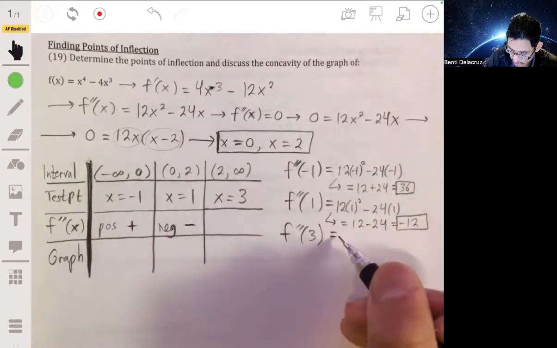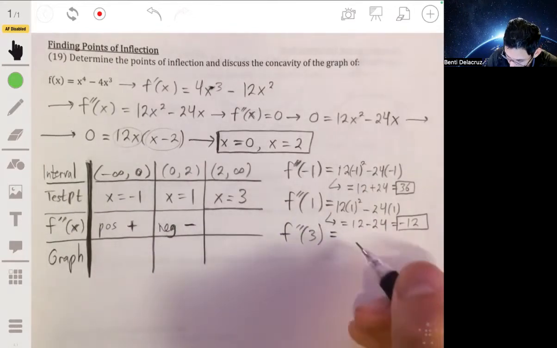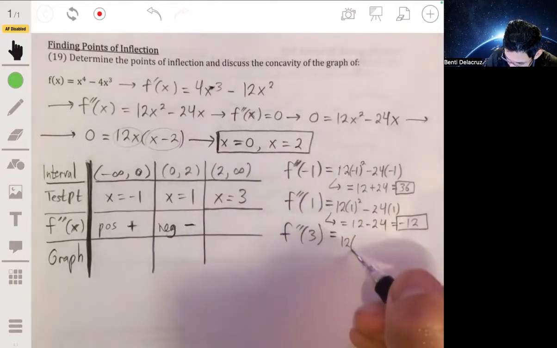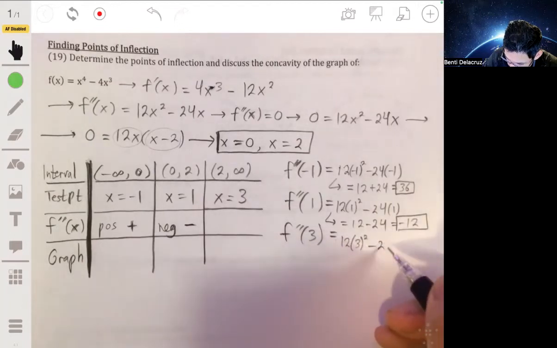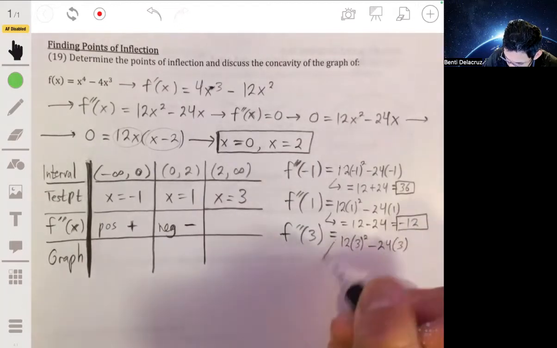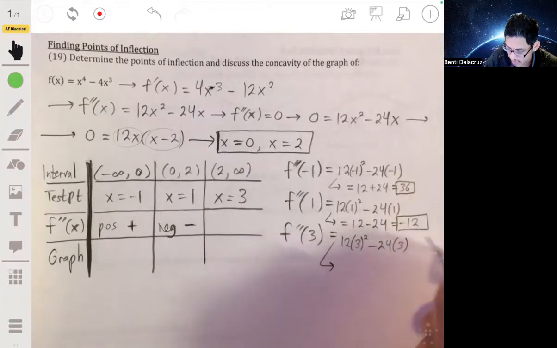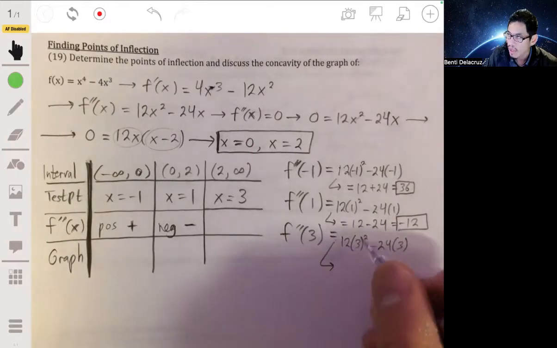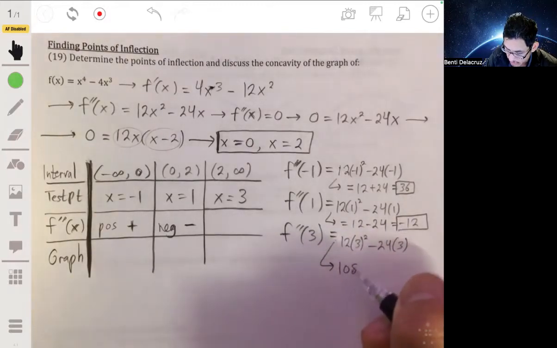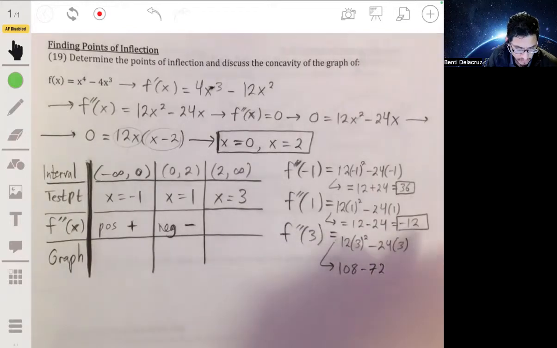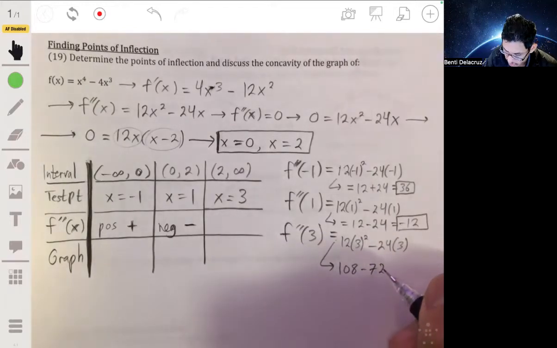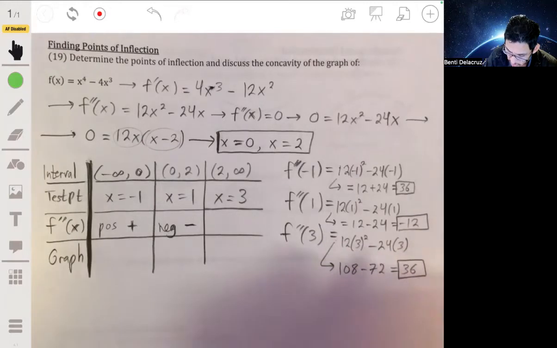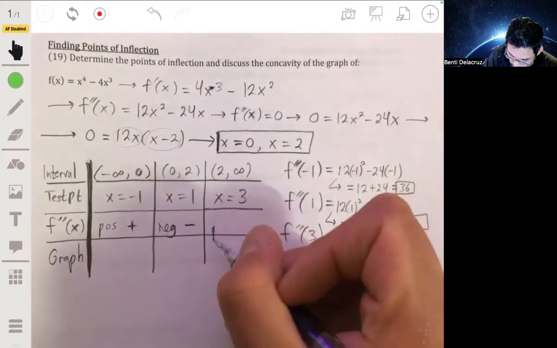And then f double prime of 3. 12 times 3 squared minus 24 times 3. 12 times 9 is 108, minus 72. That should be 36. It's still positive.